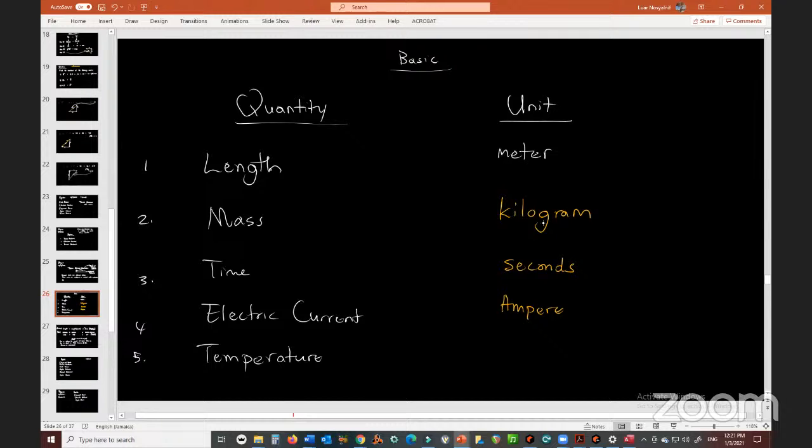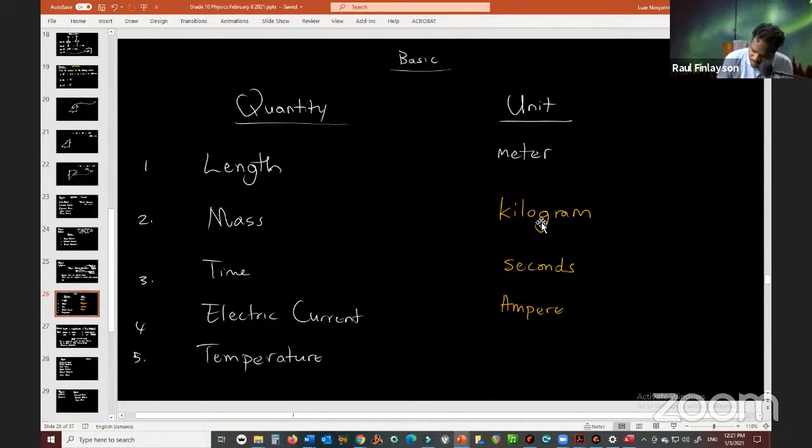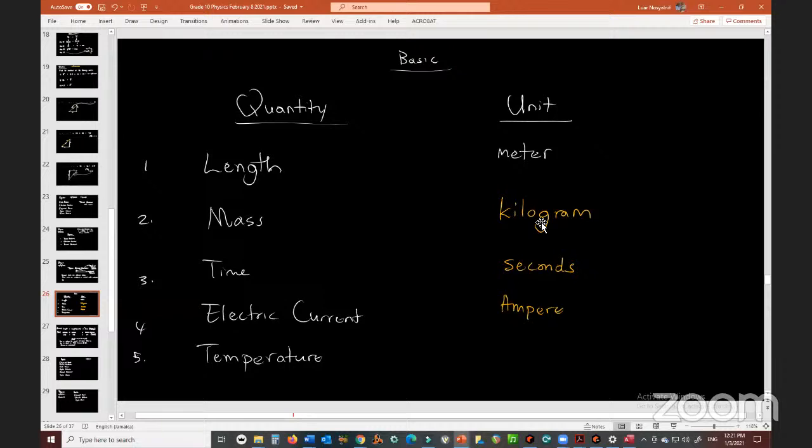Thermometer. Celsius. No, not Celsius. Temperature.